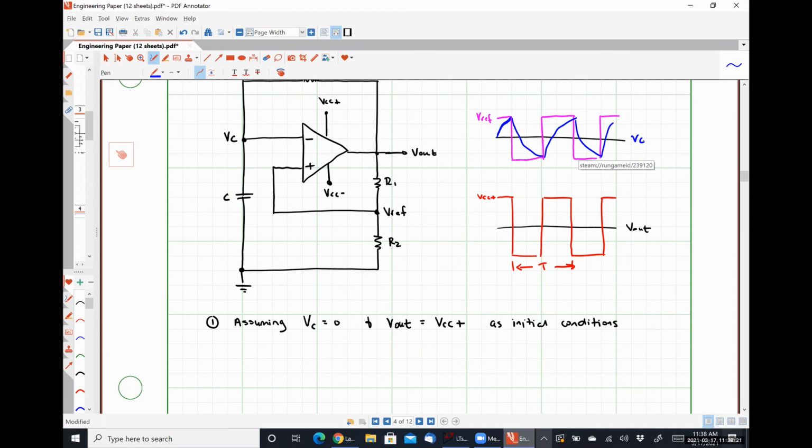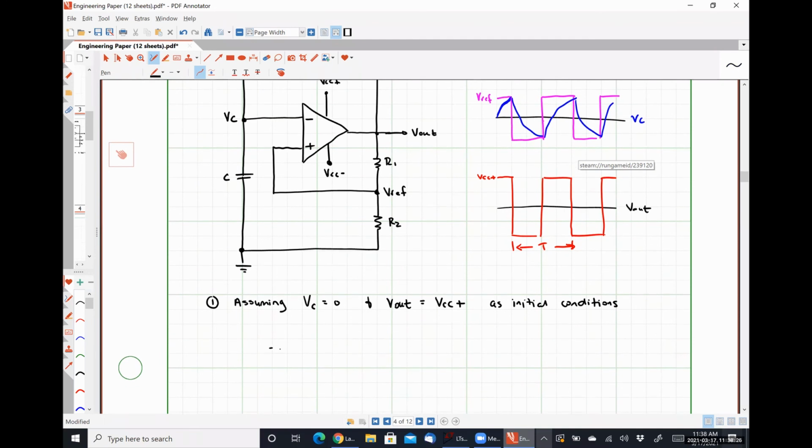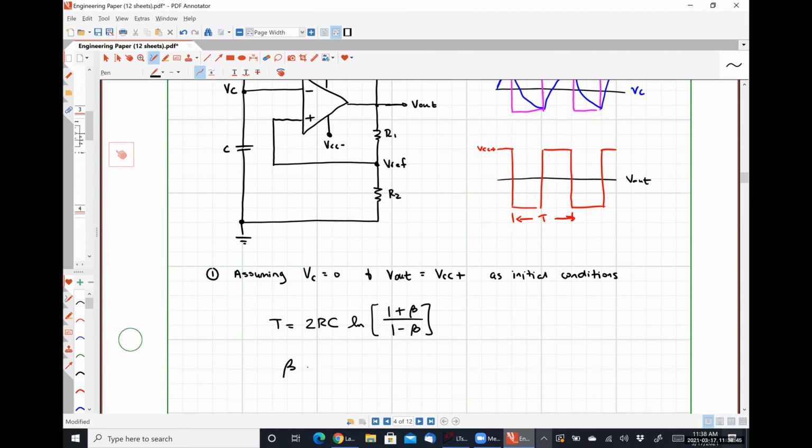The time it takes for this to occur, or the period, T, is equal to 2 times R times C times the natural log of 1 plus beta divided by 1 minus beta, where beta is the ratio of the resistances, R2 over R1 plus R2.